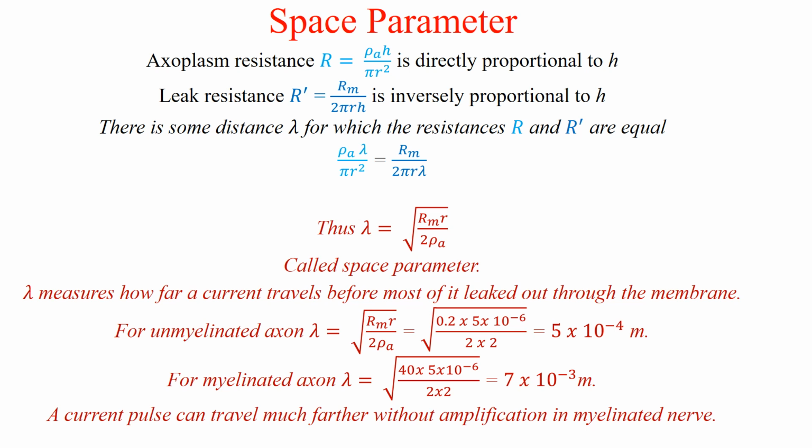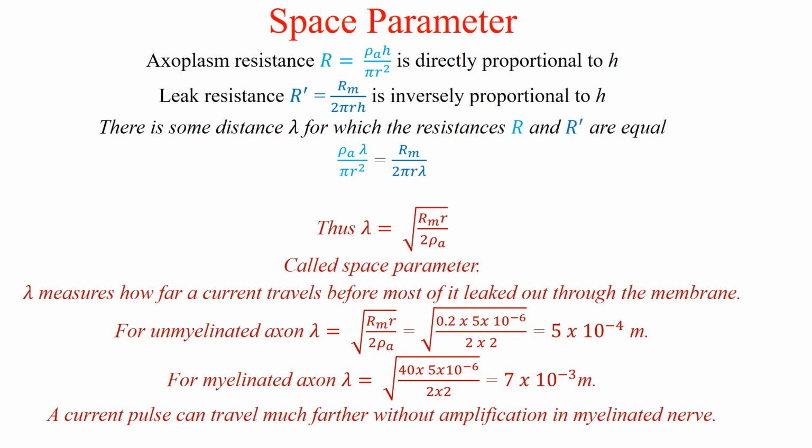through the membrane. Now, as we calculated before, the resistance of the axoplasm is R equals rho a H over pi r squared. As you see from this formula, R is directly proportional to H, where H is the length of the axon. The leakage current suffers from a resistance called leak resistance R prime, and R prime equals Rm over 2 pi r H, where Rm is the resistance of a unit area of the membrane.